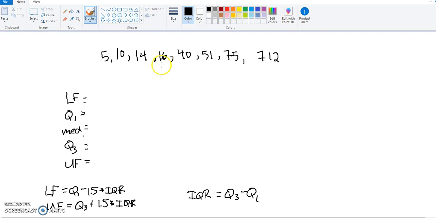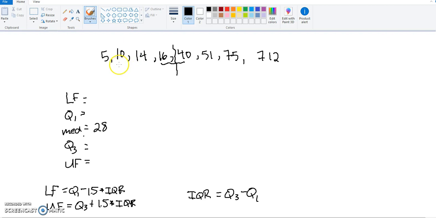So in this example, we have 2 middle numbers. So our median is the average of 16 and 40. So that's going to be 56 over 2, or 28. So our median is 28. And then this data set, when I cut the list in 2, it cuts right here.